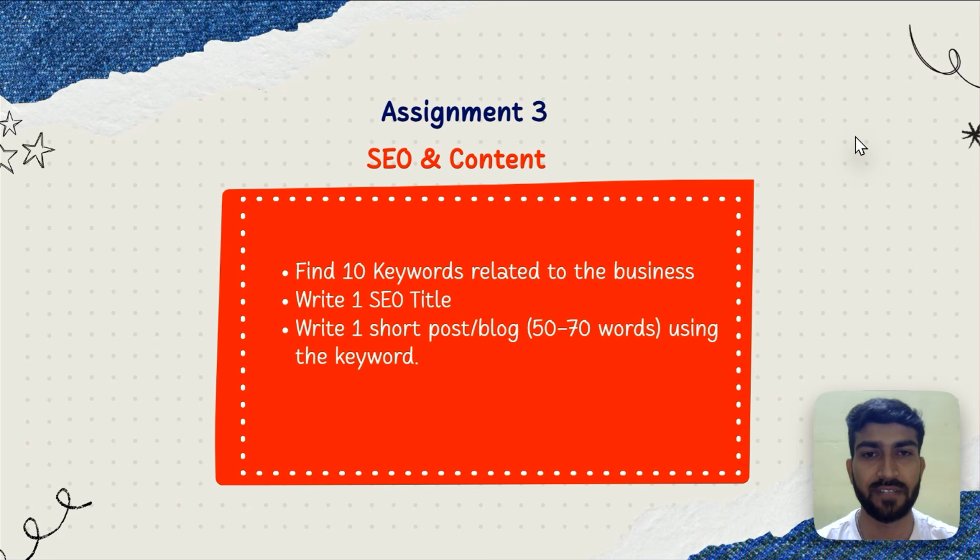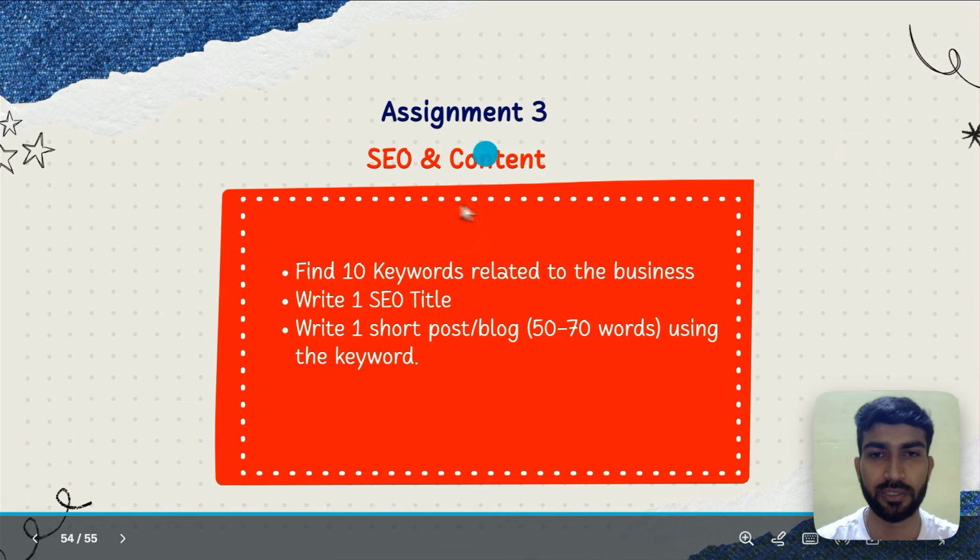That is, find 10 keywords related to the business niche you have selected. Then write one SEO title. How you can write it, I have explained, like in WordPress, you can use different plugins like Rank Math and Yoast SEO. Then write one short post using the keywords.